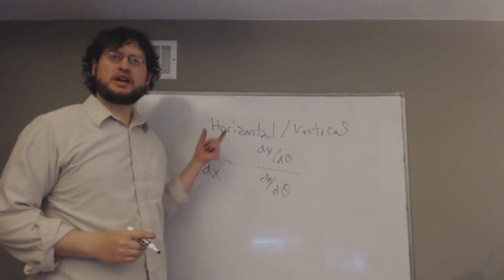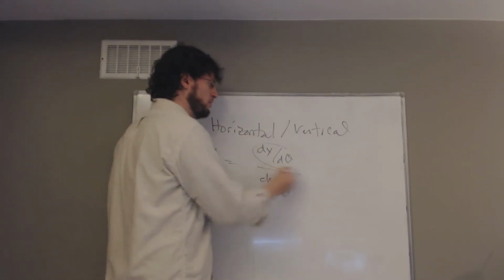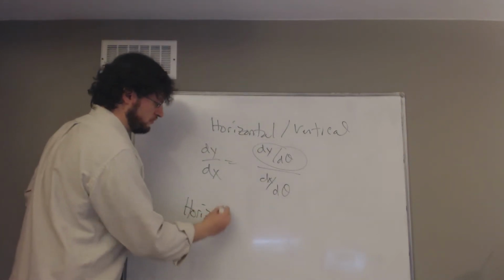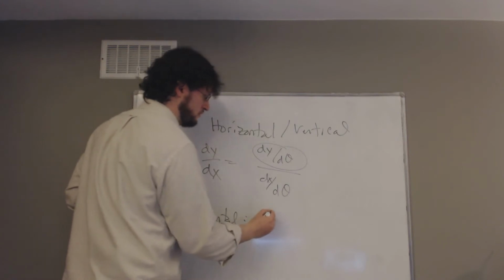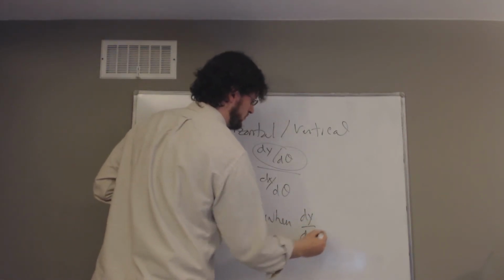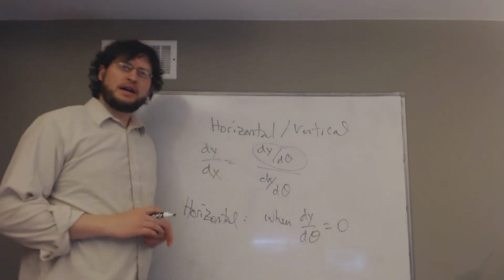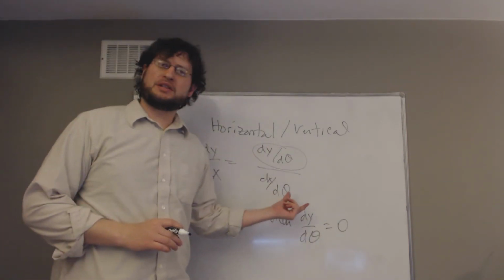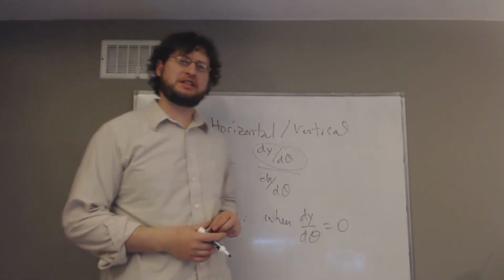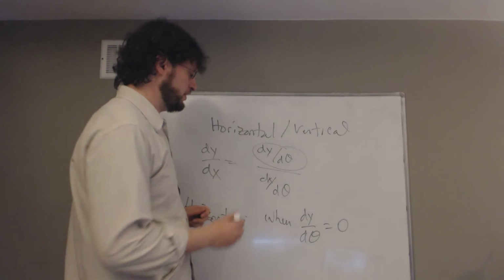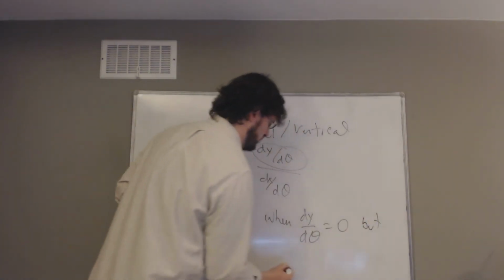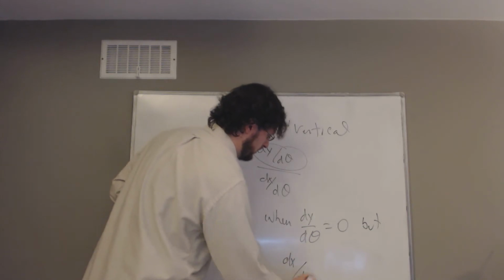So I'm going to have a horizontal tangent line if this numerator is 0. But I can't have the denominator being 0, because if I have 0 over 0, that's something a little bit different. We'll see an example where we talk about how to deal with this. But so we need the top to be 0, but the bottom not to be 0.